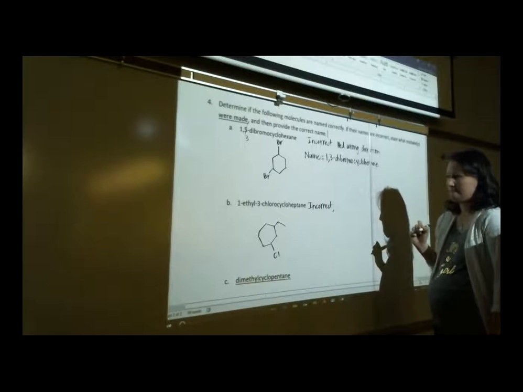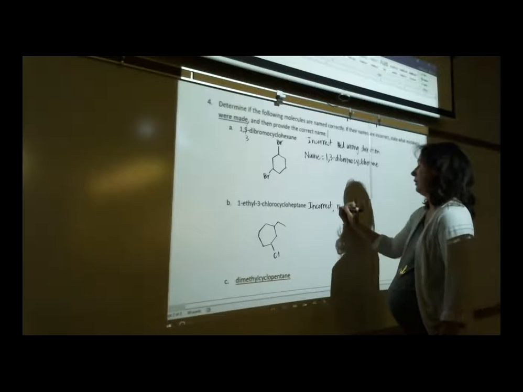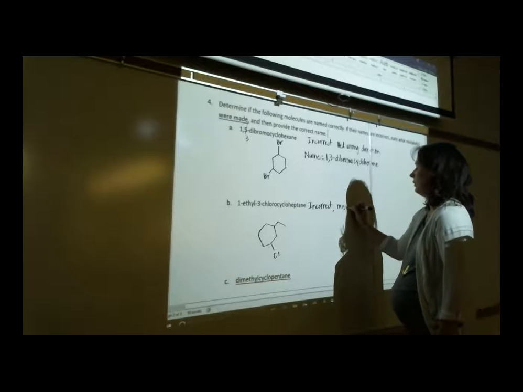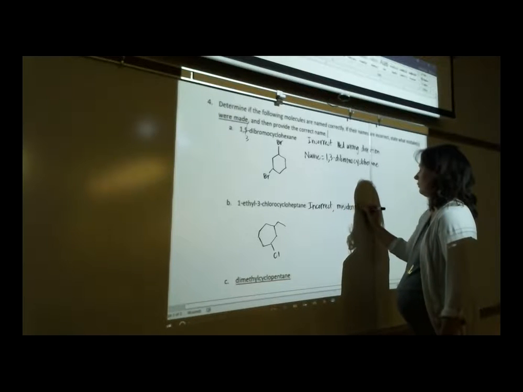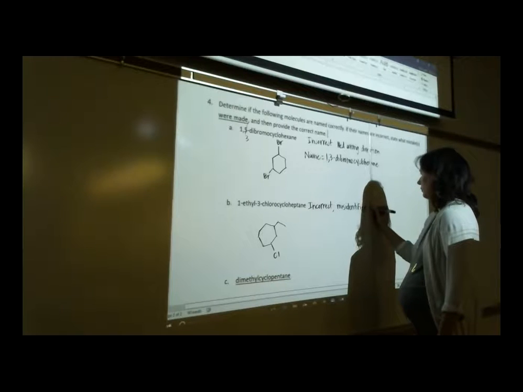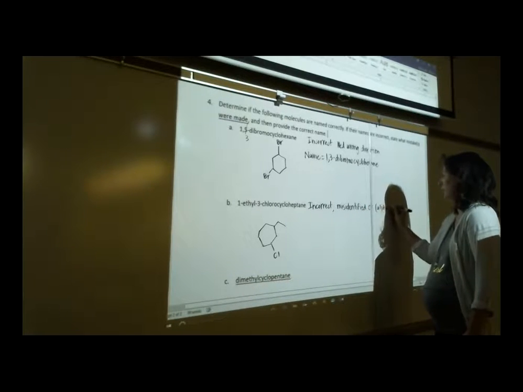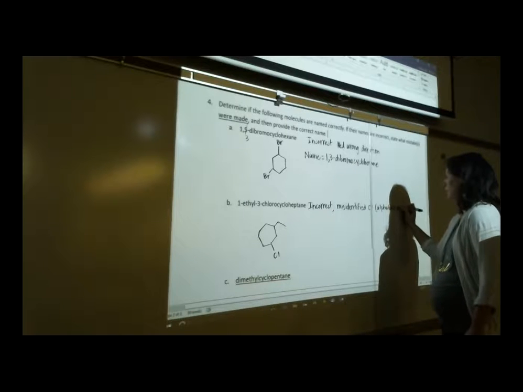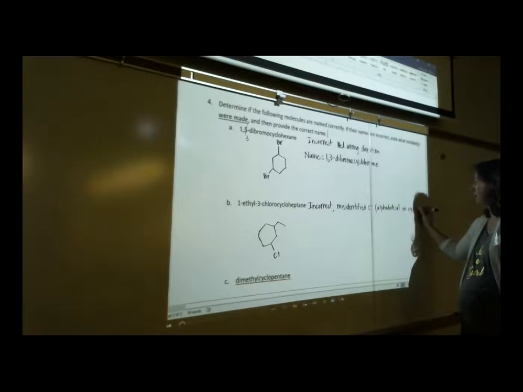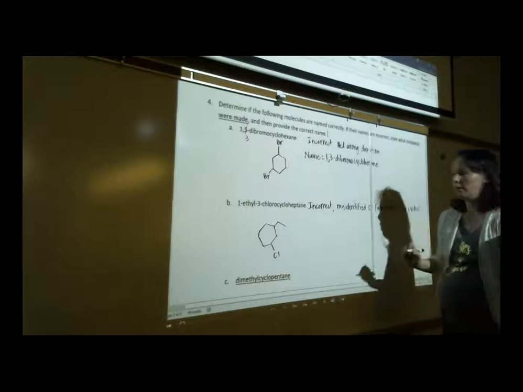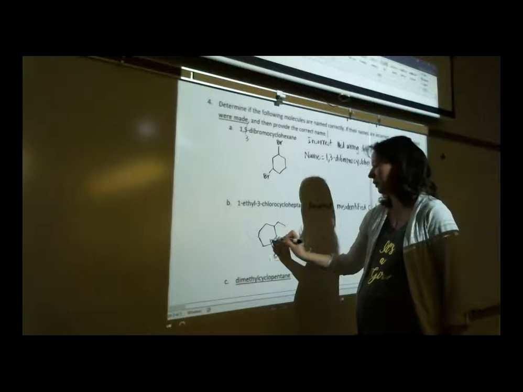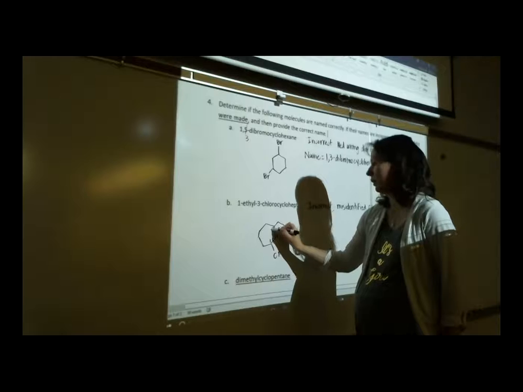It's not alphabetical. Right, carbon number 1 is misidentified. It should be alphabetical in cyclics. So carbon number 1 should be the chloro, right? 1, 2, 3.